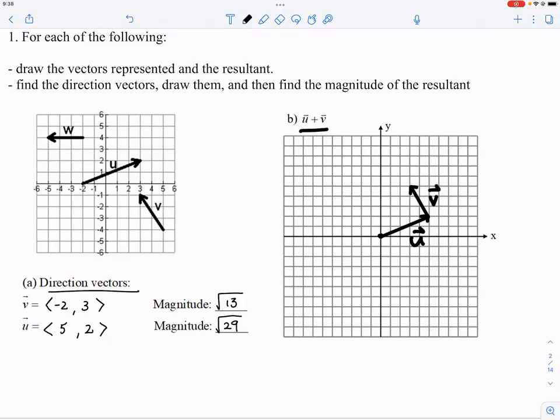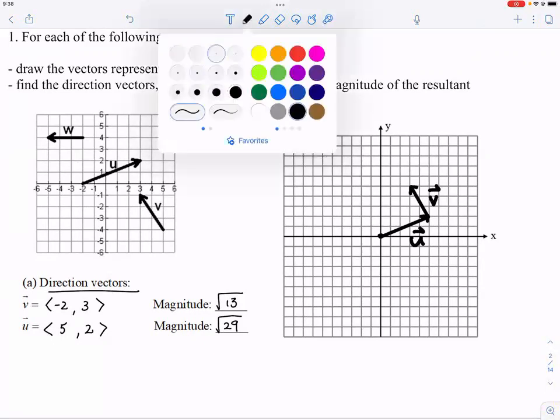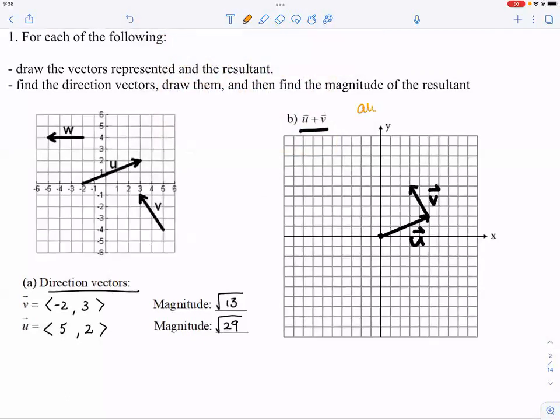Done. You always start from the origin. Okay, you may want to make a note to yourself. Always start from the origin.